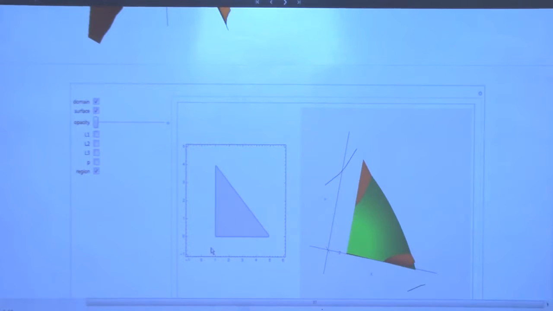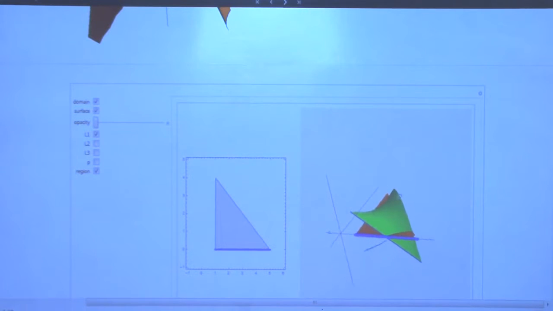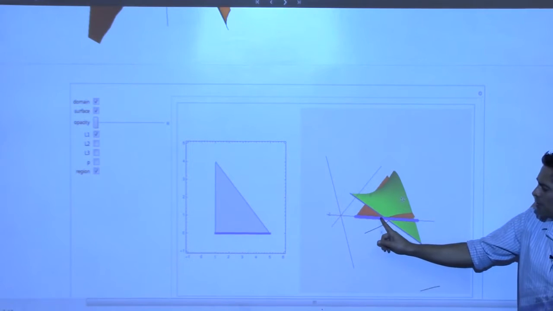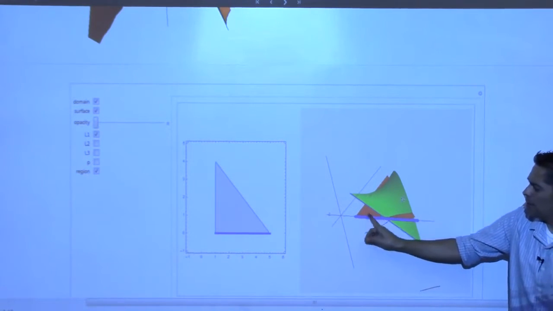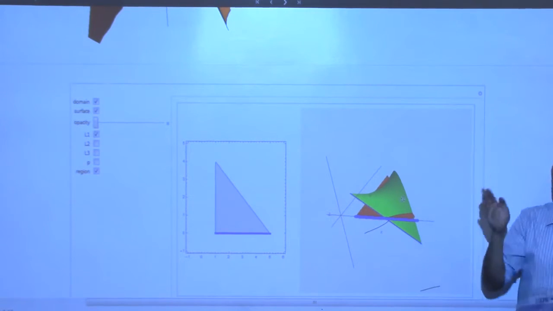A curve, right? So let me make sure I get my lines right here. There's that line. Okay, so there it is in the domain. Do you see the line in the domain right here? If you take each one of these points and plug them in, this blue line represents the edge of the surface, that curve, right?